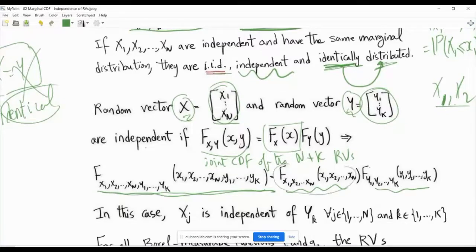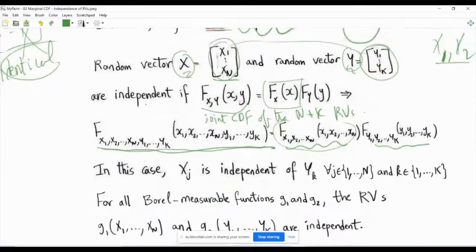Can we write each one of those as a product? You can do this only if you have the further information that the x's themselves are independent of one another and the y's are independent of one another. But when I say that two random vectors are independent of one another, I'm saying that each random variable here is independent of each random variable there. The x's themselves may be dependent and the y's themselves may be dependent.